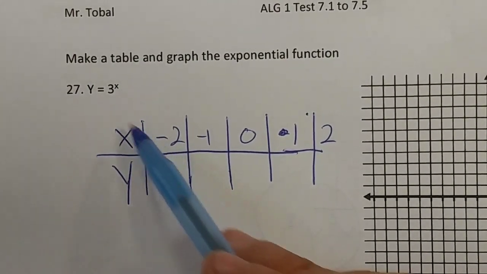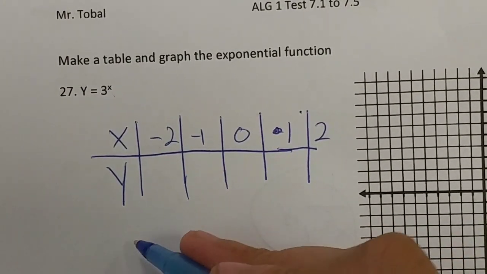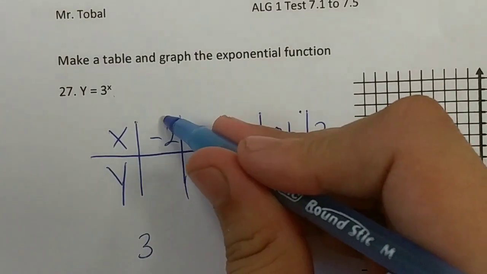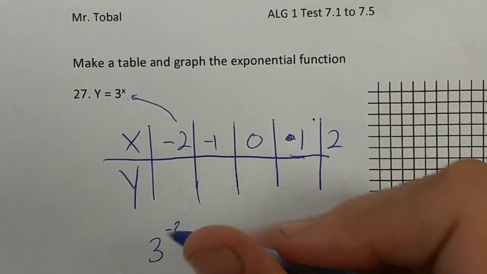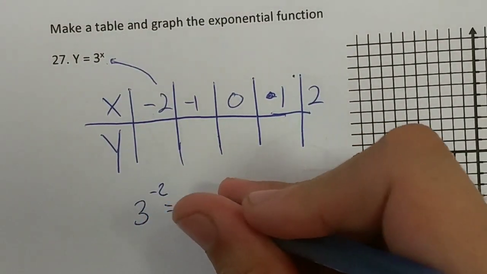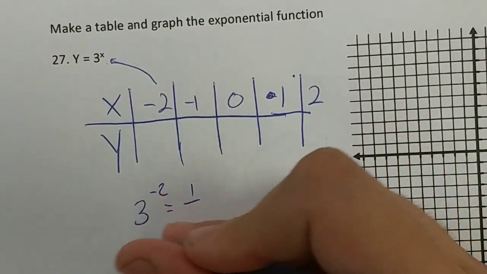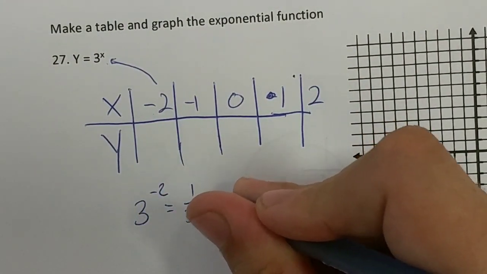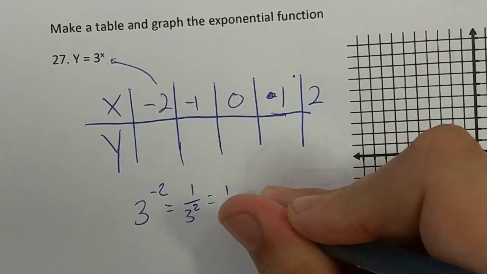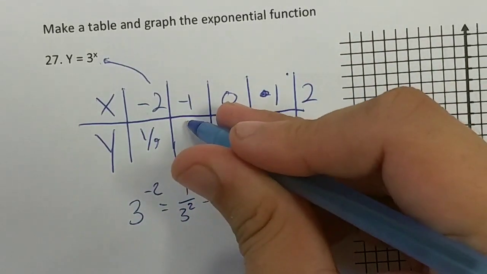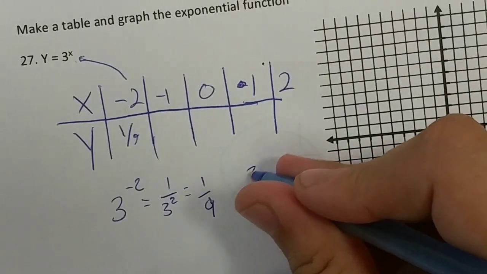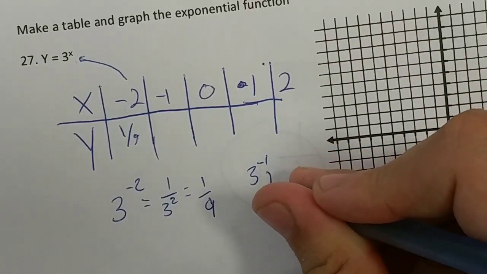Now I've got to plug in the -2 into 3 to the x. So that's 3, and this x is going to go in here. So 3 to the -2 power. Now 3 to the -2 power is the same as, after it moves down, 3 squared on the bottom, which is 1/9. So 1/9 goes here. 3 to the -1 power, well, you just have to move it down.